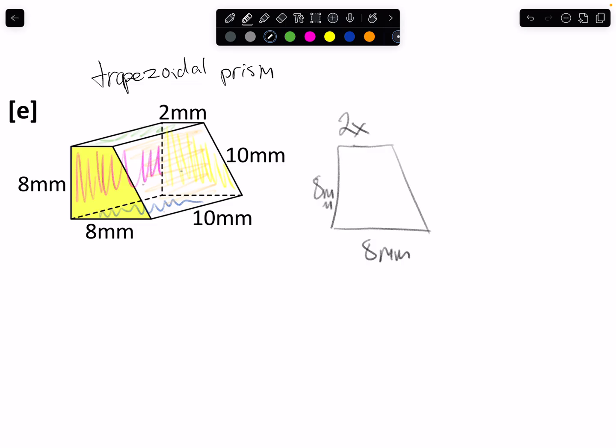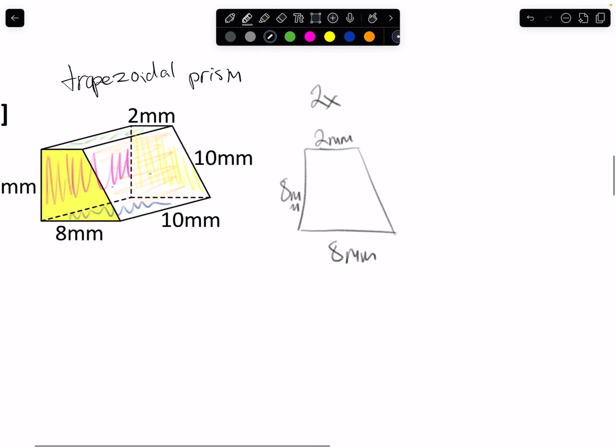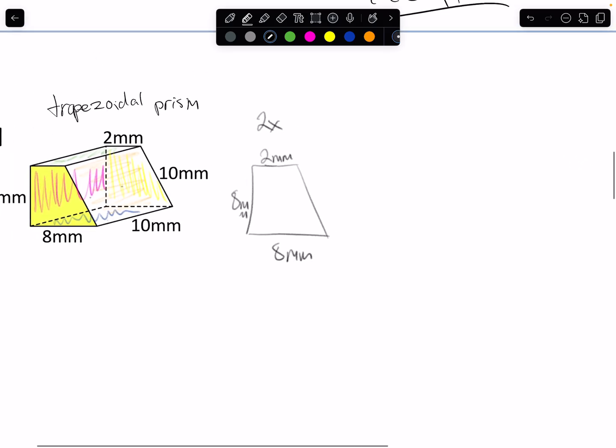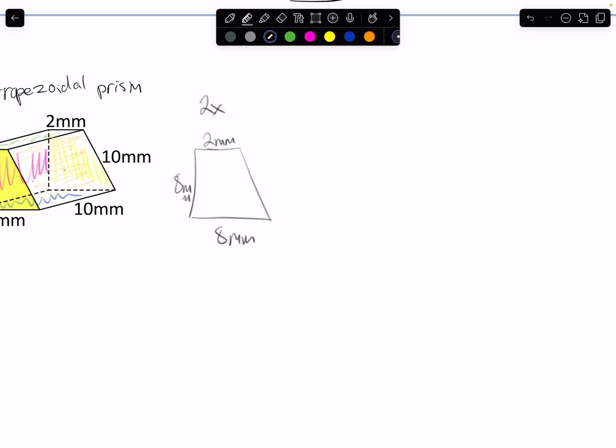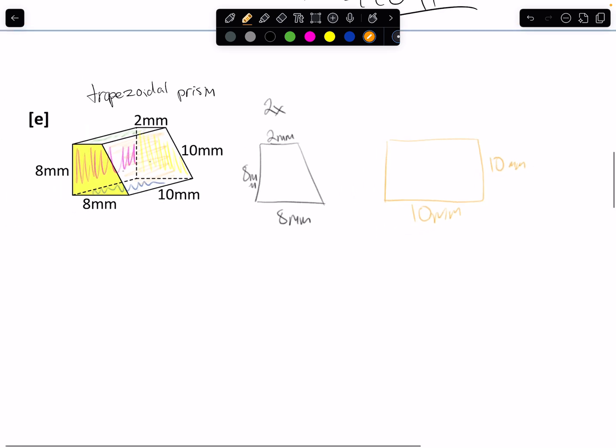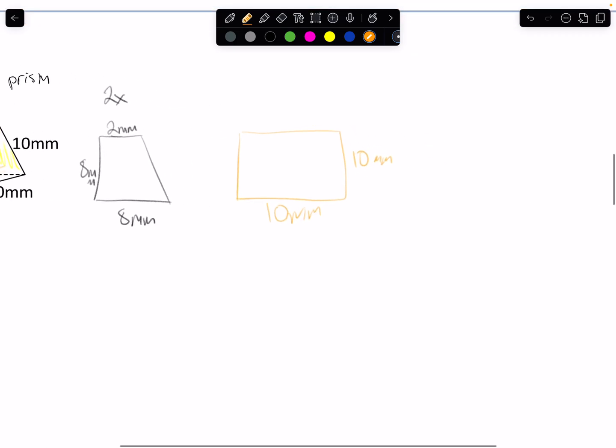And the top is 2 millimeters. All right. Then we have, let's do our orange side, this side here, which is 10 by 10, which should actually look more like a square, but it doesn't.